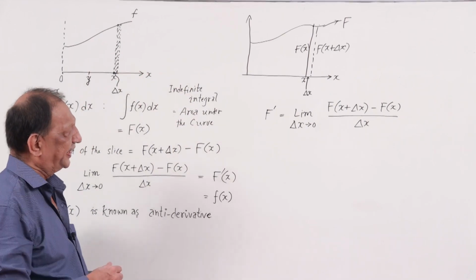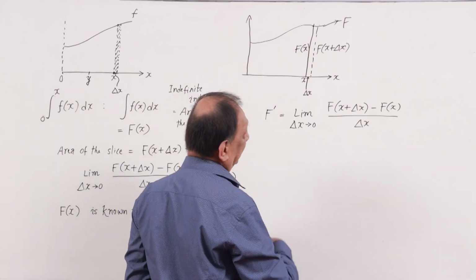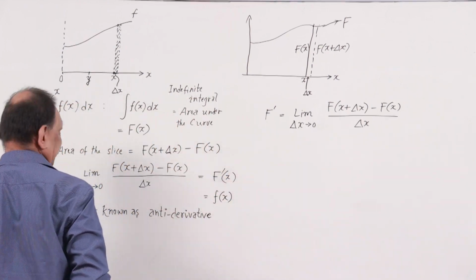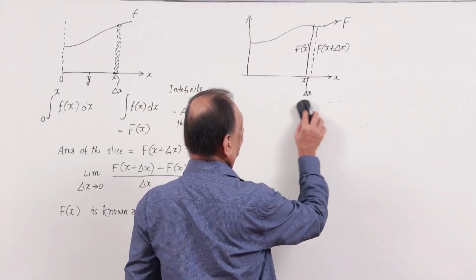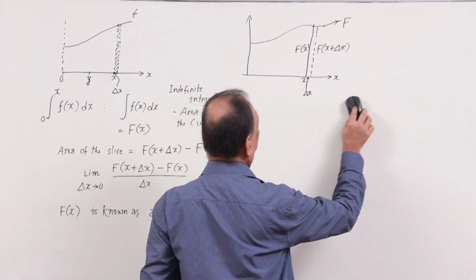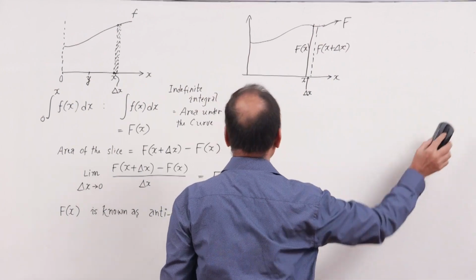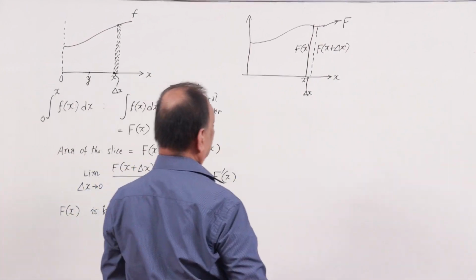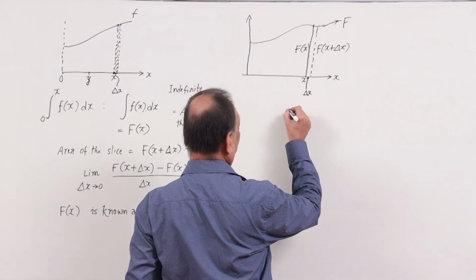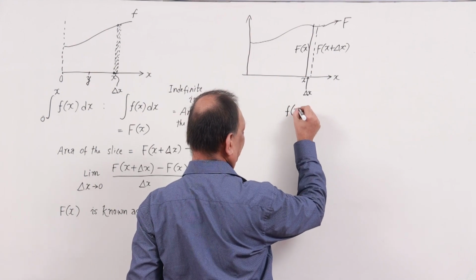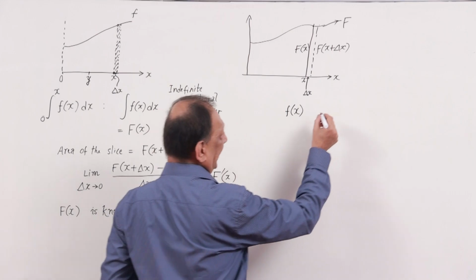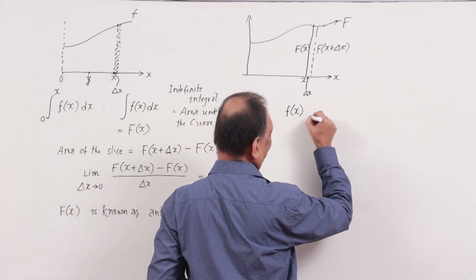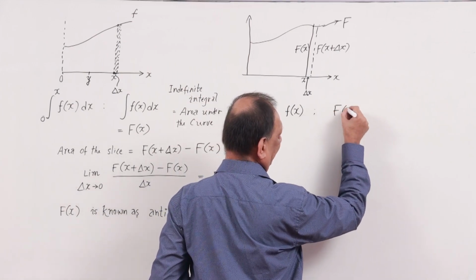Now, if you define, for example, F of x as the antiderivative, what is the second part of this theorem? Supposing f of x is a function which is continuous and differentiable in an interval, and F of x is the antiderivative.